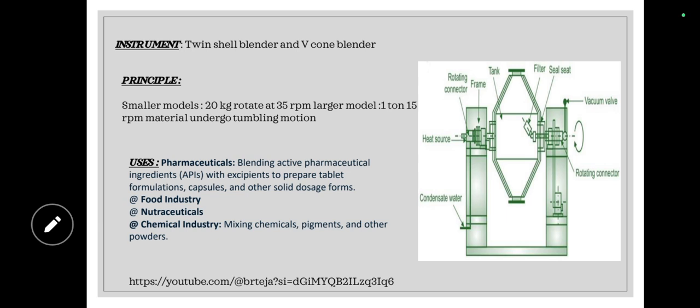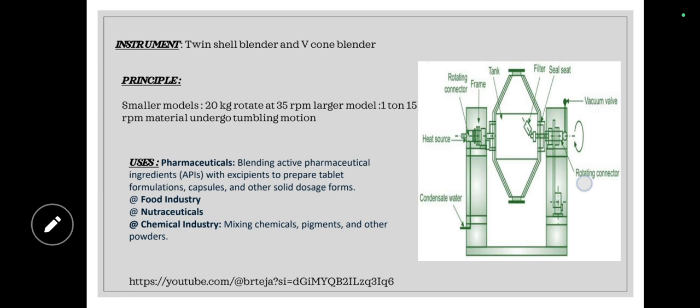Principle: smaller models of 20 kg rotate at 35 rotations per minute, larger models of 1 ton at 15 rotations per minute. The material undergoes tumbling motion. What are the uses of twin shell blender and V cone blender? In pharmaceuticals, blending active pharmaceutical ingredients (APIs) with excipients to prepare tablets or formulations, capsules and other solid dosage forms.